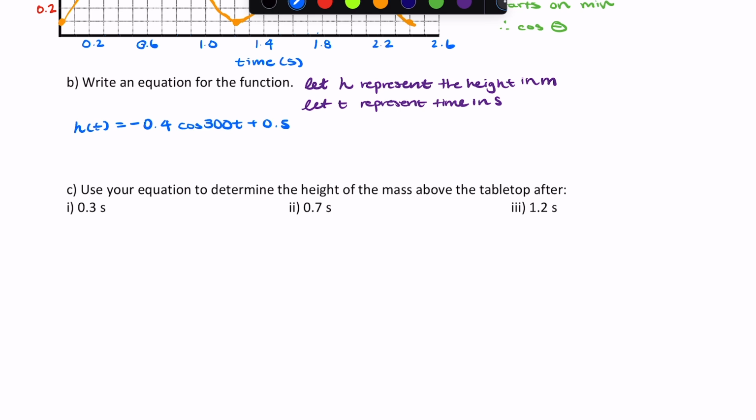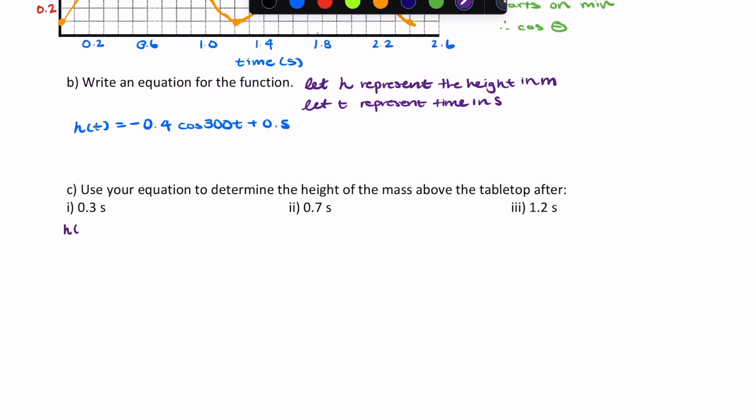And here it wants us to determine the height of the mass above the tabletop after 0.3 seconds, then 0.7 seconds, and 1.2 seconds. So we'll sub those in.